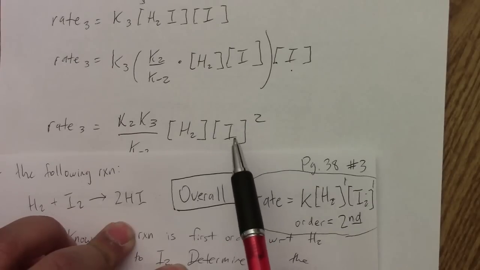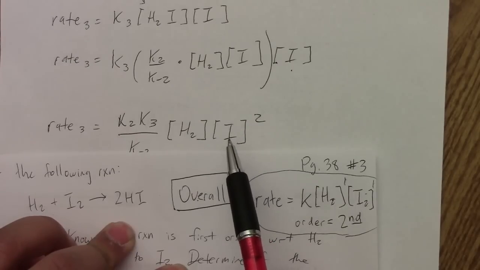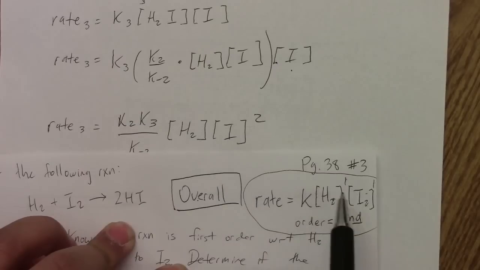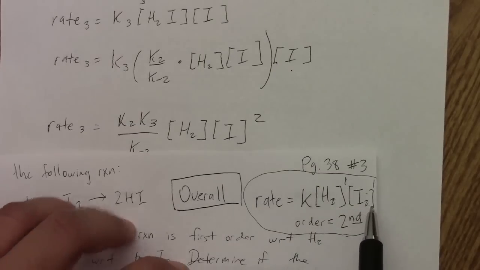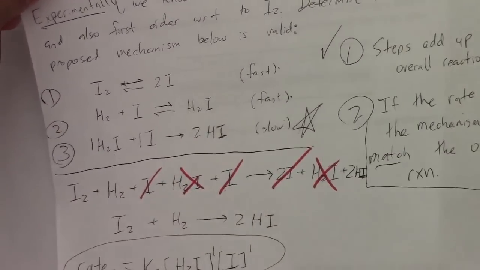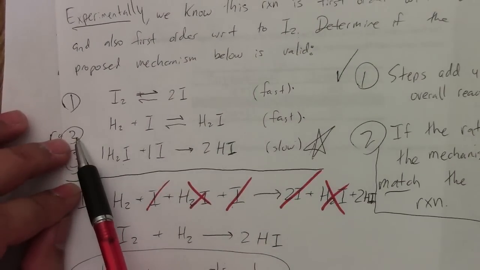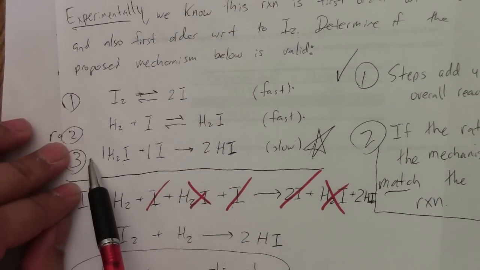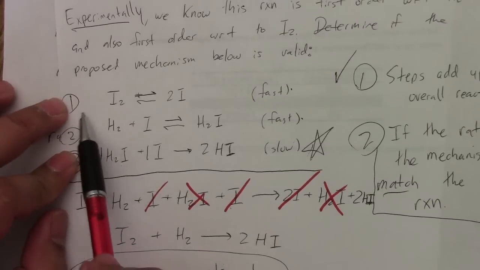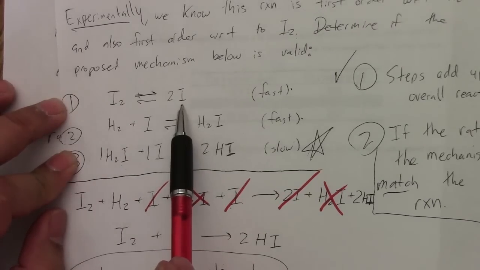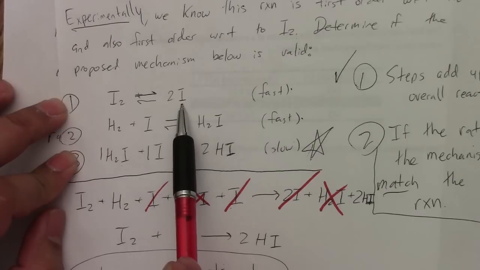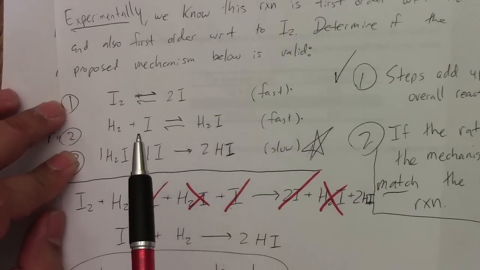So let's solve for the concentration of I and try to substitute in I2. So let's go back to our 3 steps. We've used equation 2. We're dealing with equation 3. We haven't touched yet is equation 1, and it deals with I, so that's going to be perfect. Let's bring that down and finish this problem out.